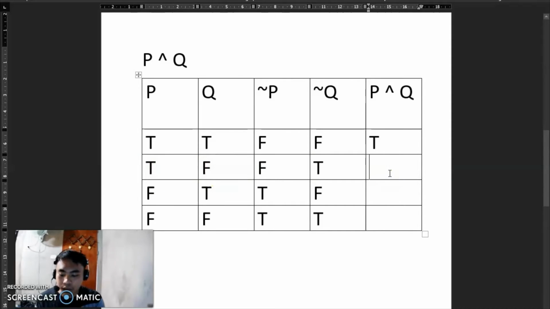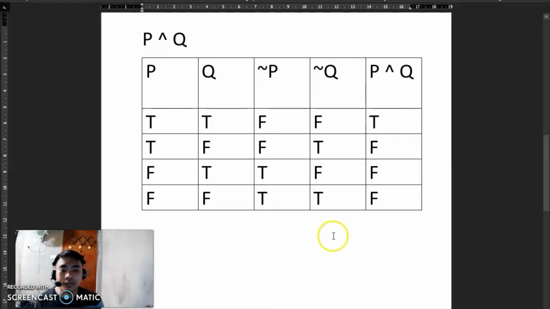So, pagdating po dito, that will become false. Kasi po, kailangan parehas silang true to make it true. Next, false, true. So, this will become false. And the last one, false, that will become false. So, the element of P and Q is true, false, false, false. Again, pagdating po sa ating conjunction, it is only true when both elements are true.